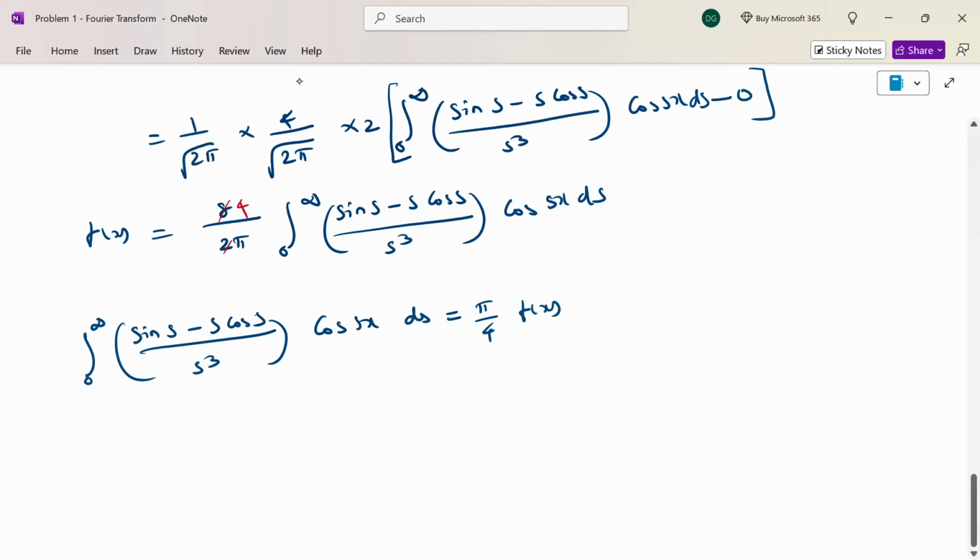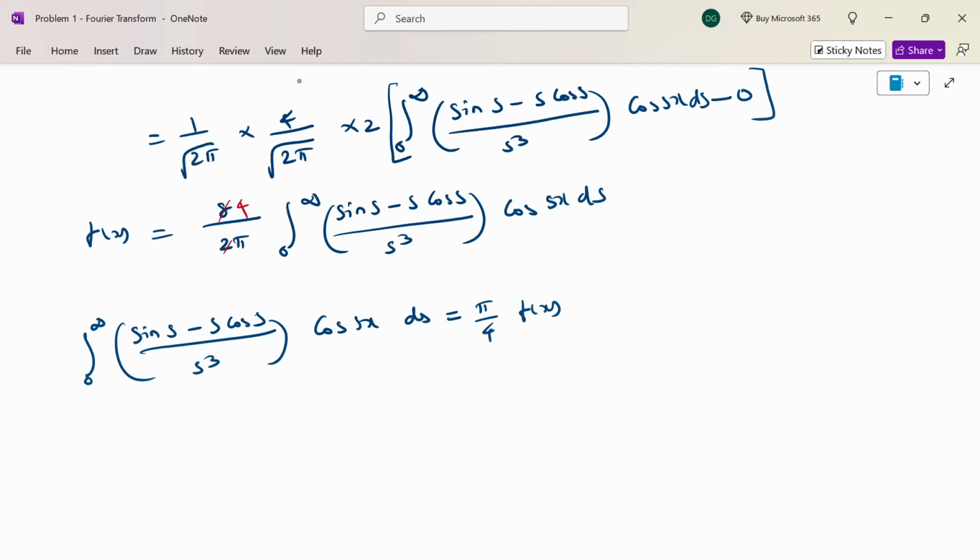Now look at the condition. What is the condition? Hence prove that the condition given: if the integral from 0 to infinity of sin s minus s cos s by s cube, cos sx, has the value of cos s by 2, then we take this f of x value.